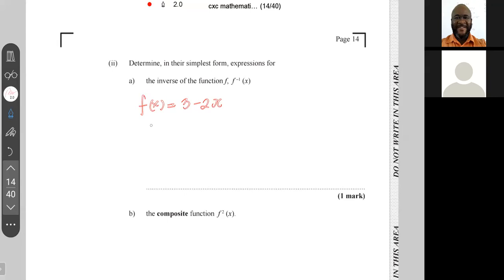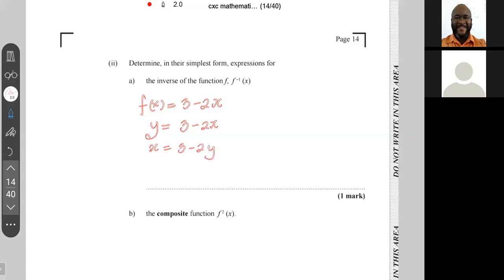Step 1, take out f of x and say y is equal to 3 minus 2x. Step 2, interchange x and y. Wherever you see x, put y. Wherever you see y, put x. So x is equal to 3 minus 2y.